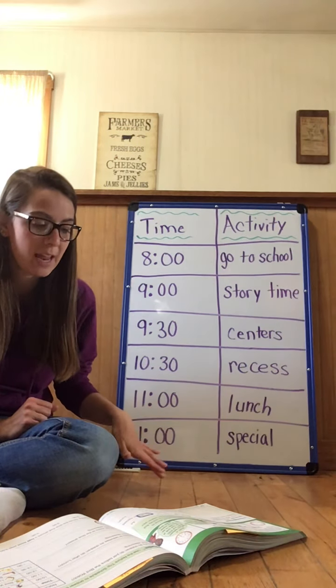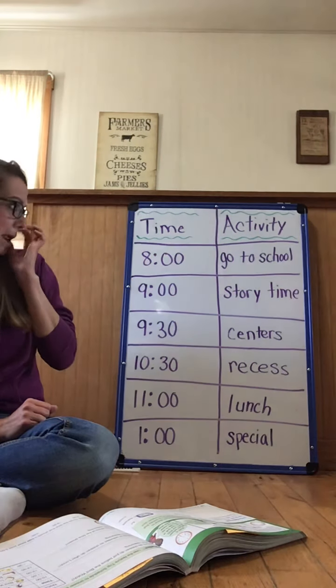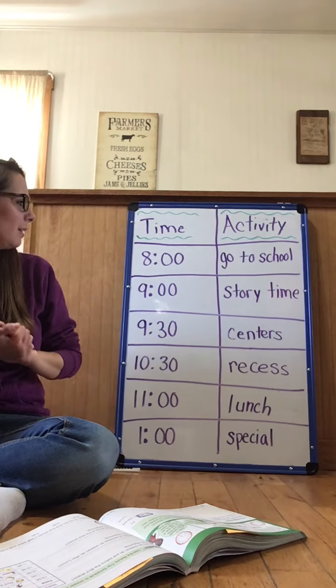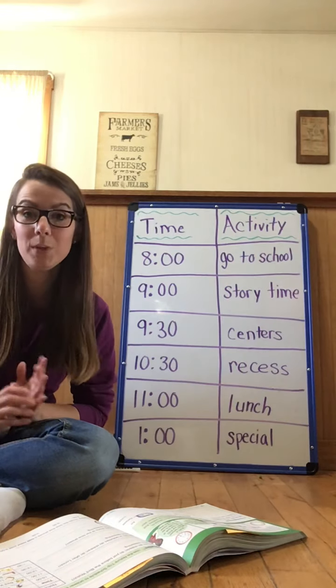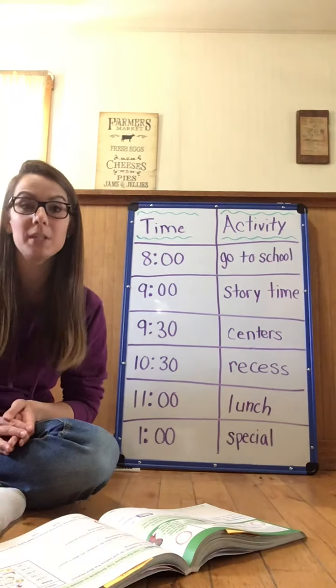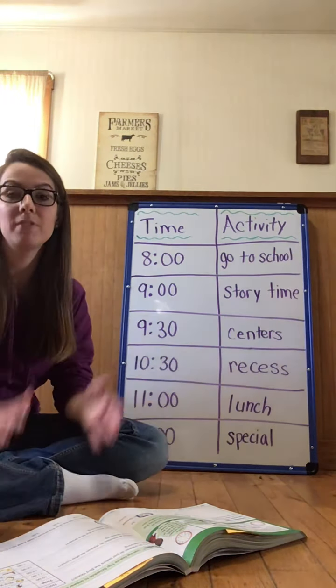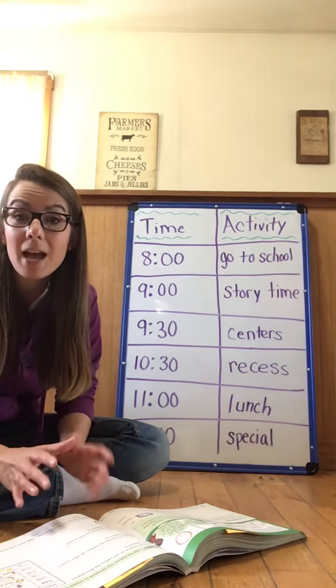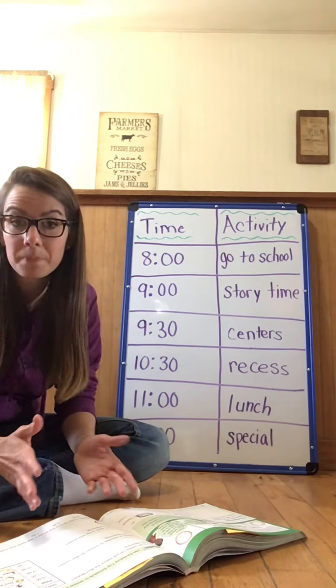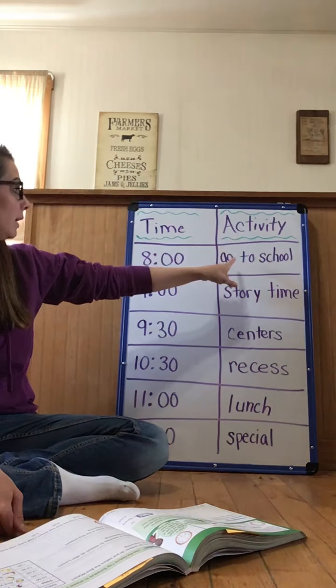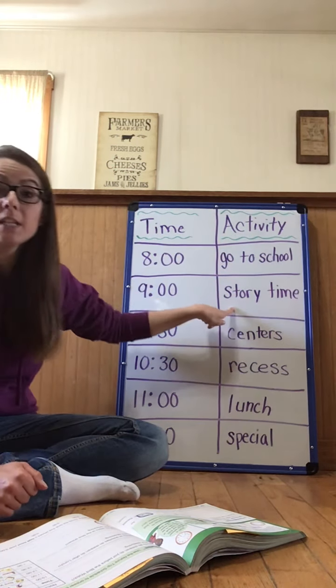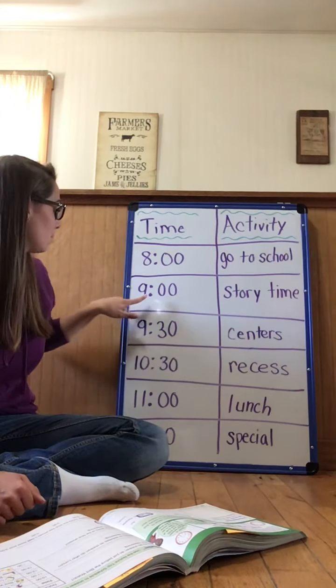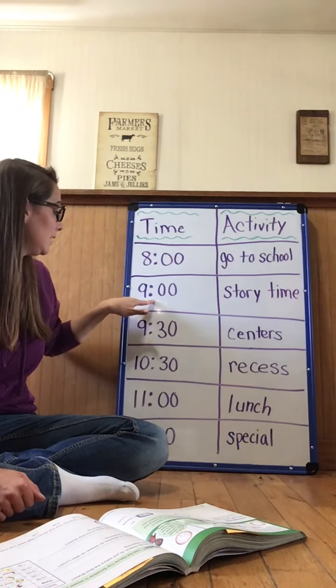Now, I could say, what time is story time? Who can tell me what time story time is at? Maybe we have a special visitor coming in at story time and I need to tell them what time to be at school. So I would look on here. Well, that says go to school. Story time, that's it. I come over to the time. I see 9 o'clock.